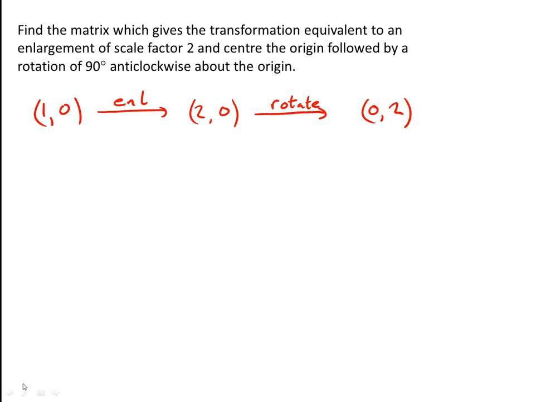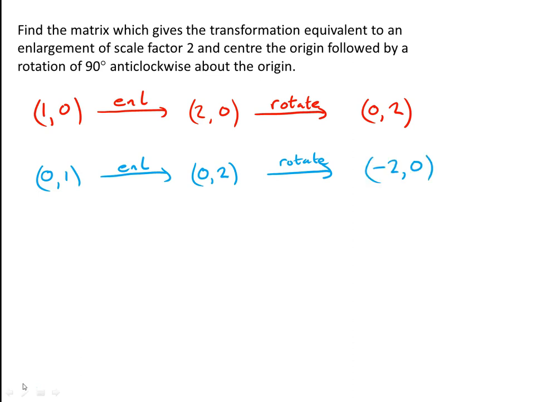If I start with the point 0, 1 instead and do the enlargement, I shall get the point 0, 2. And if I rotate the point 0, 2 by 90 degrees anti-clockwise about the origin, then I will obtain the point -2, 0.